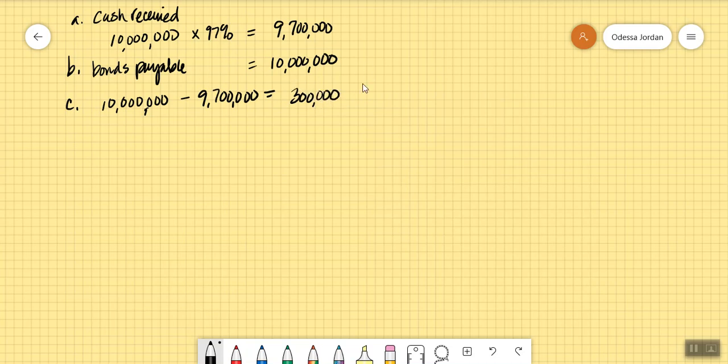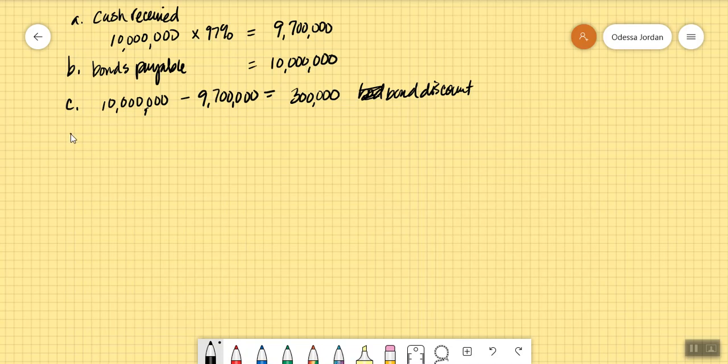All right, and that's considered our bond discount. And it's a discount because the bond was sold for less than its stated value. It was sold at 9.7 million, not 10 million.